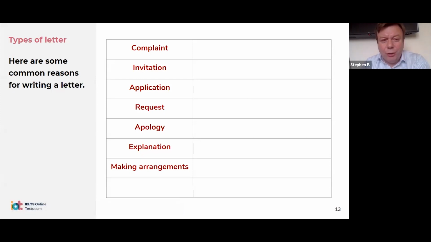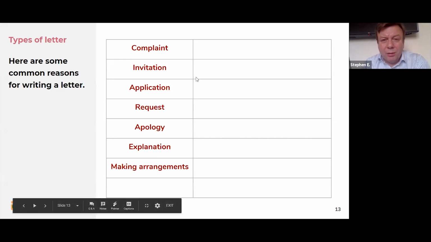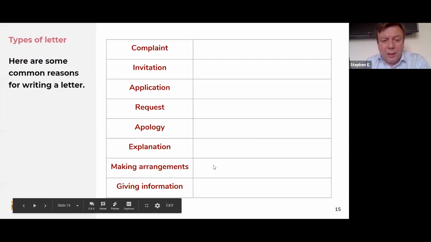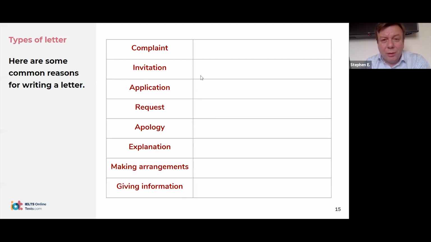Can you think of any arrangements? Okay, trip, good. And then giving information. Can you think of anything to give information? Yeah, could be a job. Okay, good. Some plans, good.